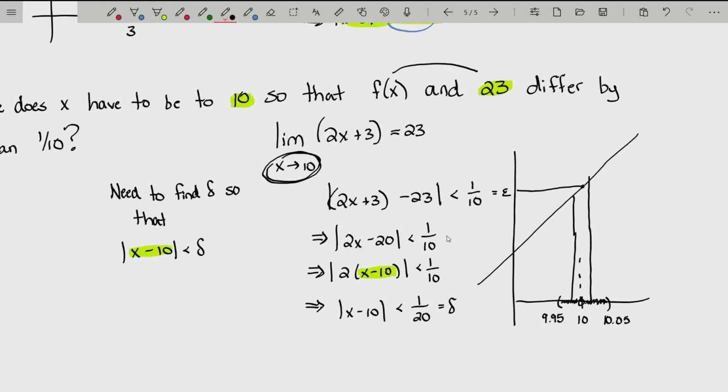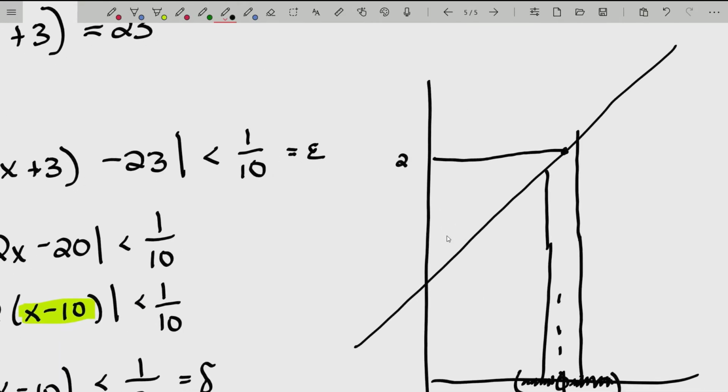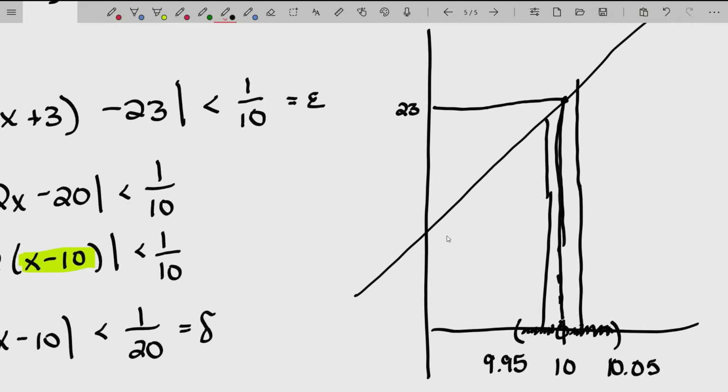The function at the value of 10 was supposed to be, what did we say, 23? I'm going to have to move this, I think. There we go. So this height was supposed to be 23, where this lines up to. Sorry for my terrible drawing.